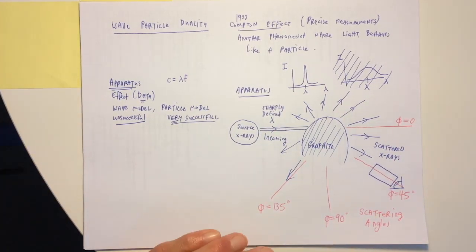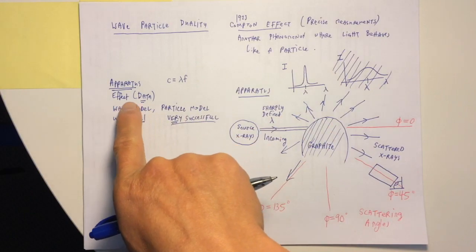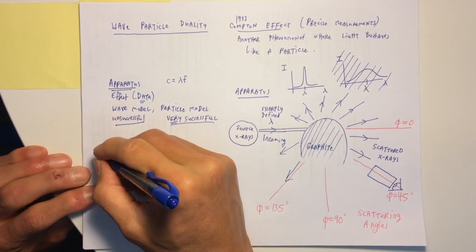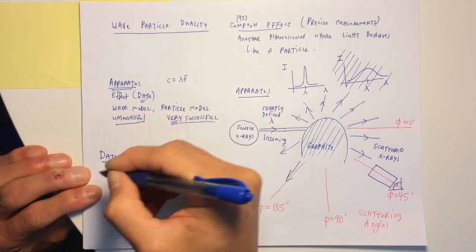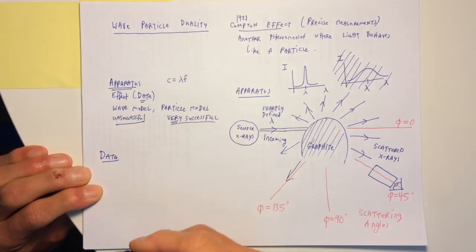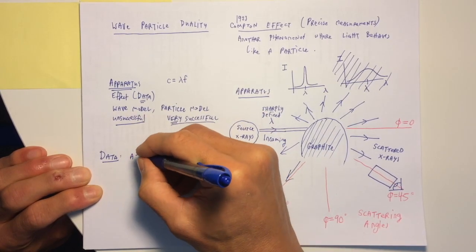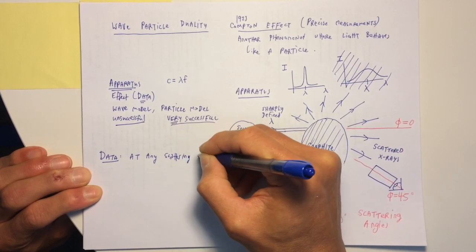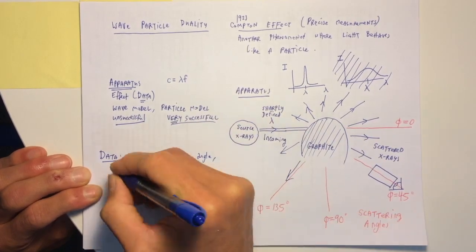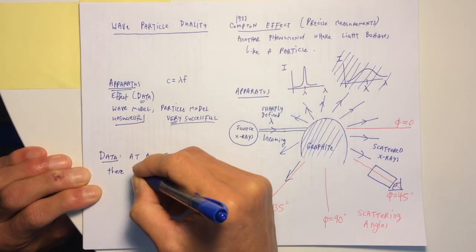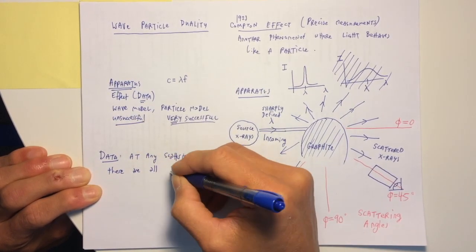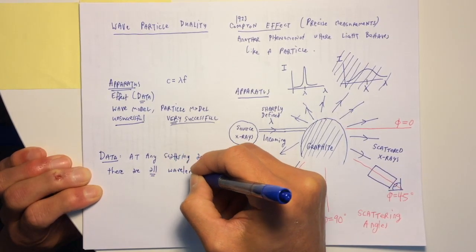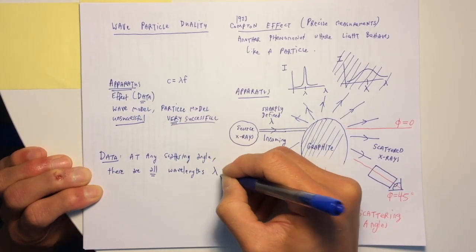Okay, so when you look at the data, it's kind of interesting. The data is maybe kind of simple to describe in a qualitative way. At any scattering angle, there are all, well, I'm going to put all wavelengths, lambda.